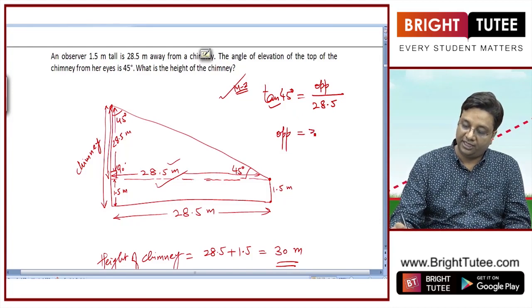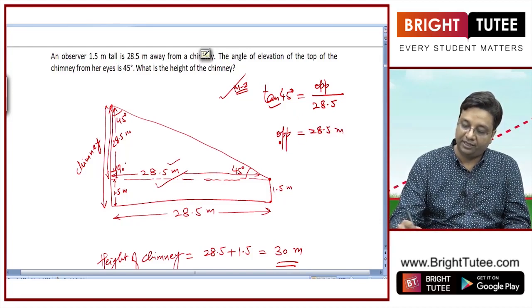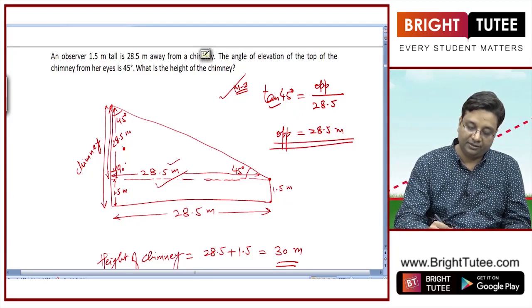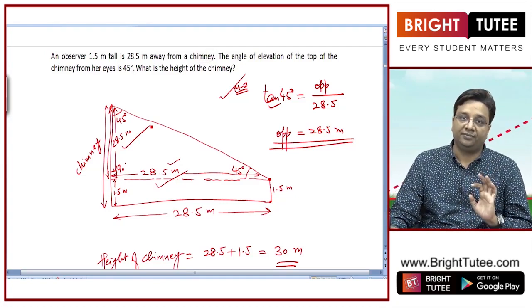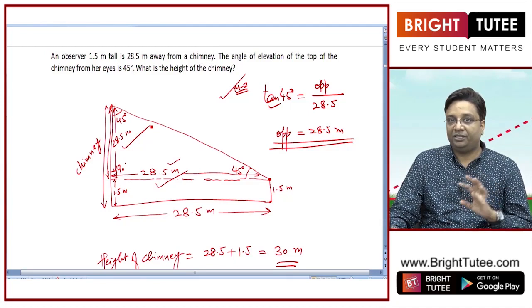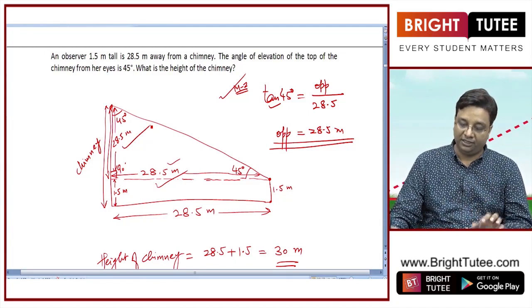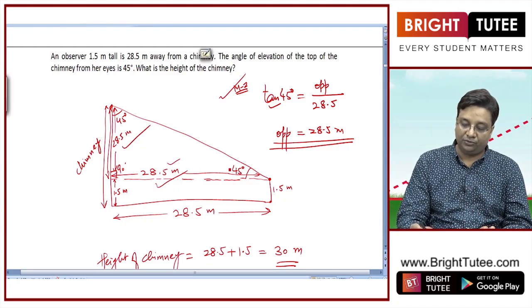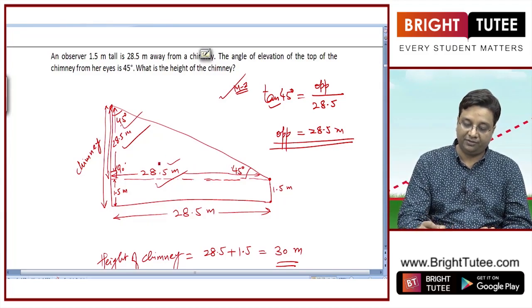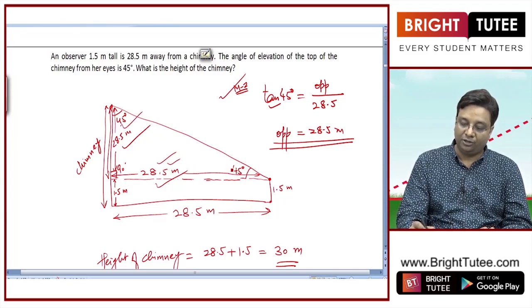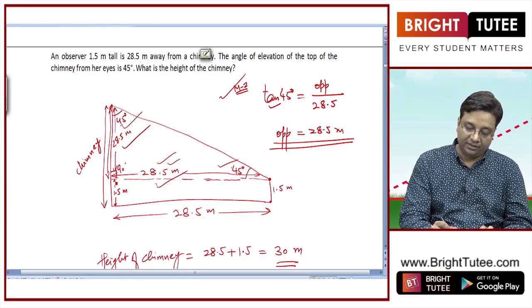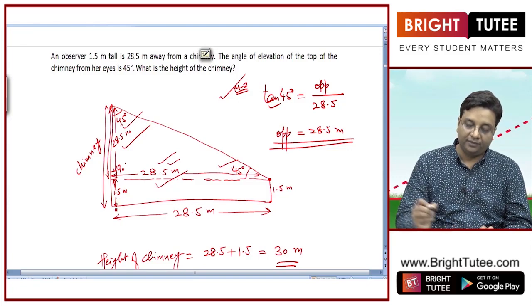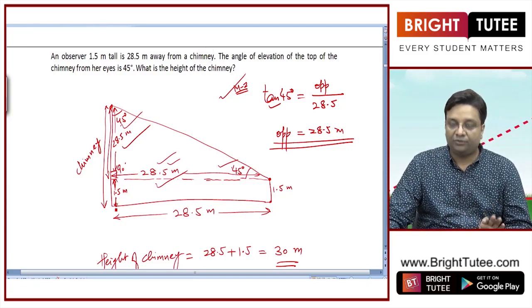So opposite side is also 28.5 meter, right? In both ways you will arrive at the same answer. But in a competitive examination you have to do questions really fast. So you can say that side opposite to 45, this 45 is given as 28.5. So side opposite to this 45 will also be the same, hence 28.5 meter, and then you add this 1.5 into it and you will get the height of the chimney.